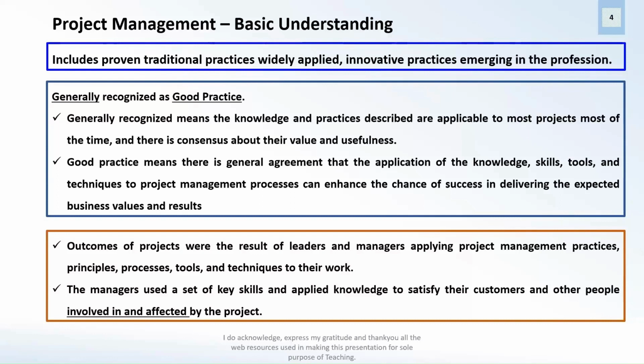It is the concept of getting the result from project management, where the project manager applies whatever standard project management practices, principles and processes exist at the organizational level, at the global level, or at the state or regional level, which are considered generally recognized good practices, traditional practices. They apply those tools, they apply those processes, and the outcome is achieved.